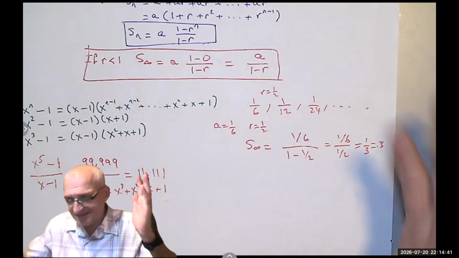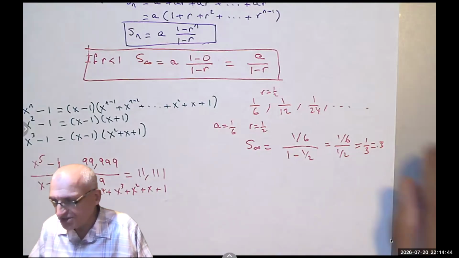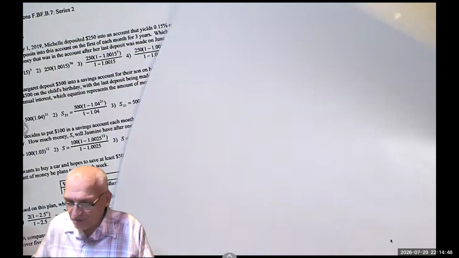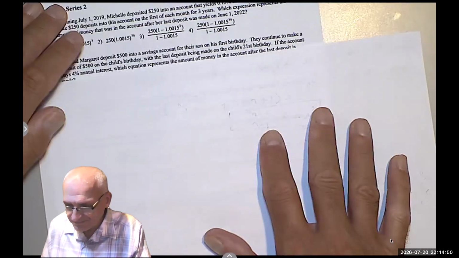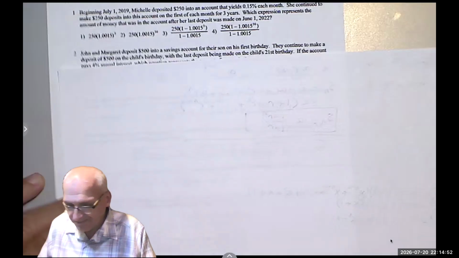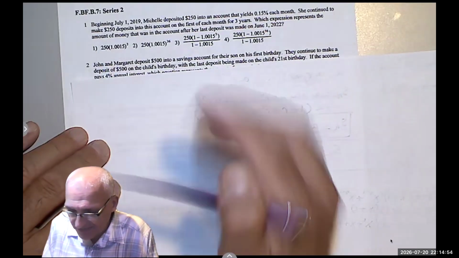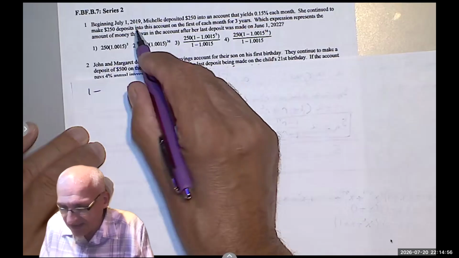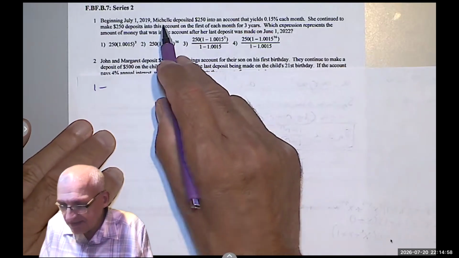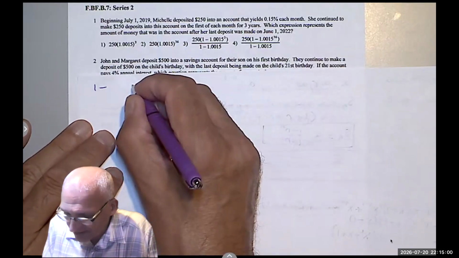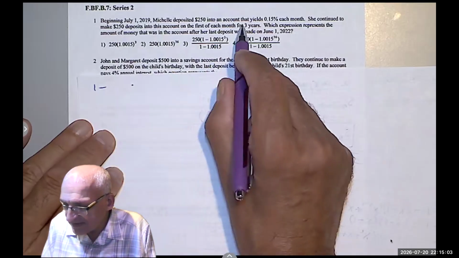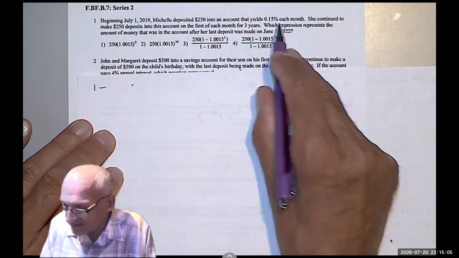So I have like 17 problems in this worksheet. Of course, I cannot do all of these. We don't have time. So let's think we do, for example, the odd numbers. Okay. First, it says beginning July 2019, Michelle deposited 250 into an account that yields 0.15% each month.